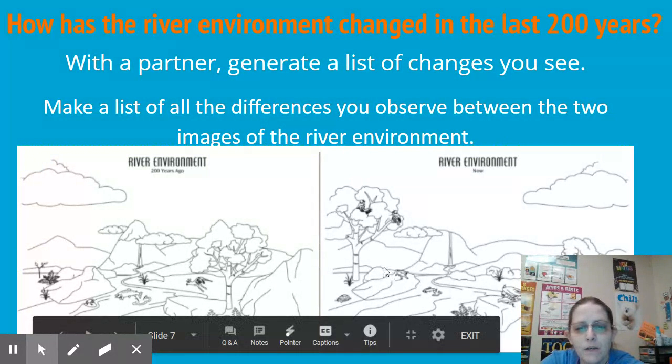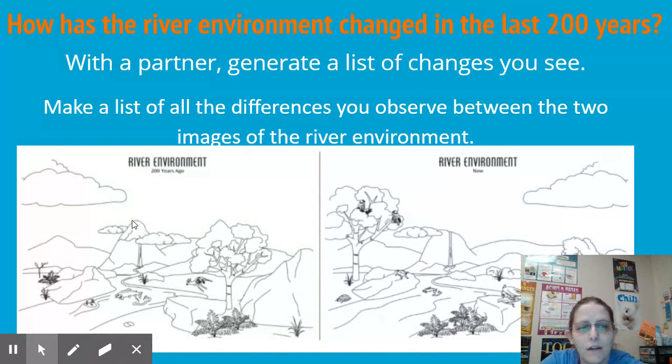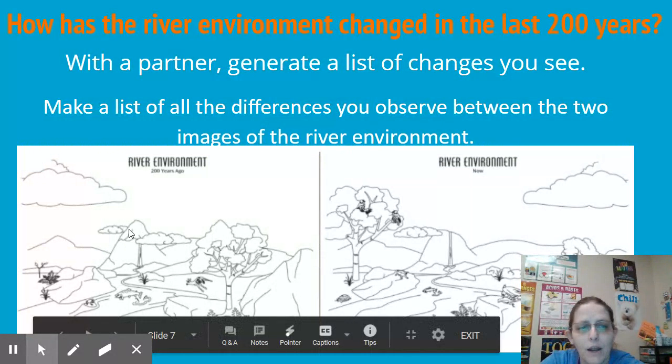river environment. So you could have said, you know, this mountain cap right here is no longer present here. This tree right here, now this is a large tree here. Maybe that was the tree originally. So this tree grew from here to here. And so now we have some birds.